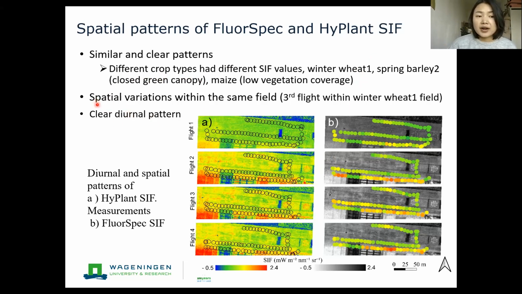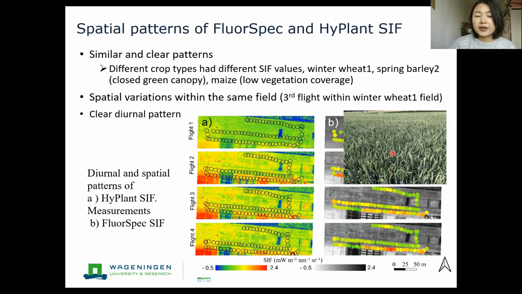We can also find spatial variations within the same field. For example, in winter wheat 1 at this field, for the third flight, the SIF values can change from 0.7 to 1.4. Besides the spatial pattern, we can also see a clear diurnal pattern from flight 1 to flight 4.